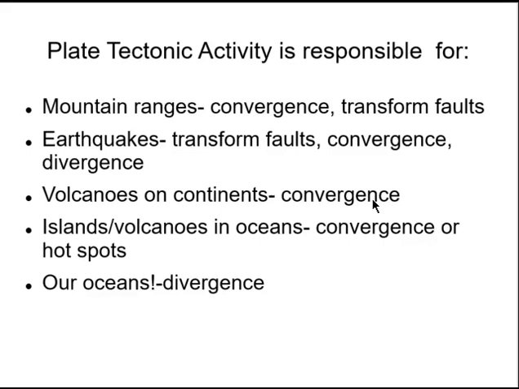So this is basically due to convergence, and we're going to talk about the specific types of convergence in the next lecture. Islands, or volcanic islands, I should say, are created by way of convergence, as well as a new thing that we'll talk about called hotspots. And of course, very importantly, plate tectonics creates our oceans by way of divergence or divergent boundaries.